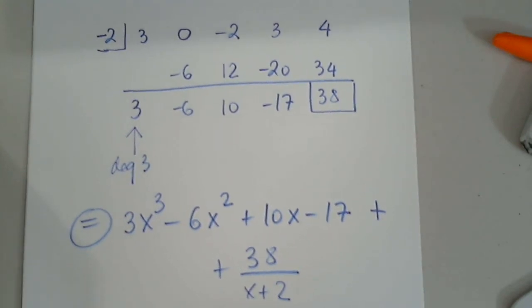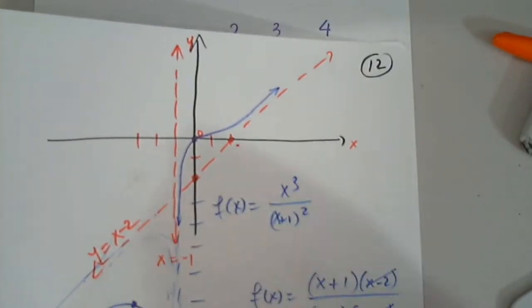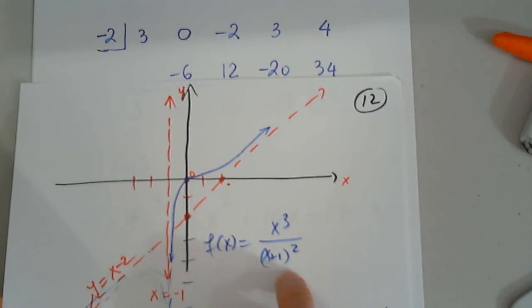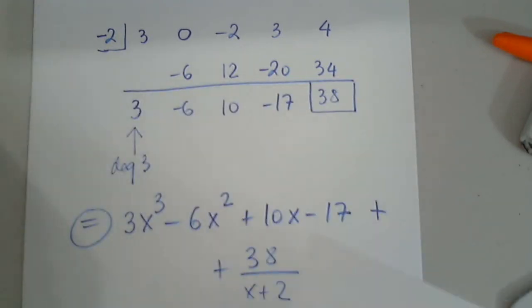And that's the synthetic division. But it has limited applicability. We could not have used it in this case because the denominator here was not x plus a number or x minus a number. It was x squared plus 2x plus 1.